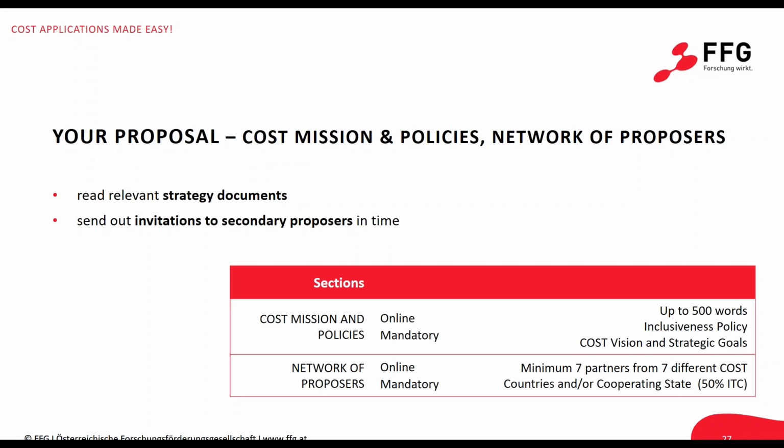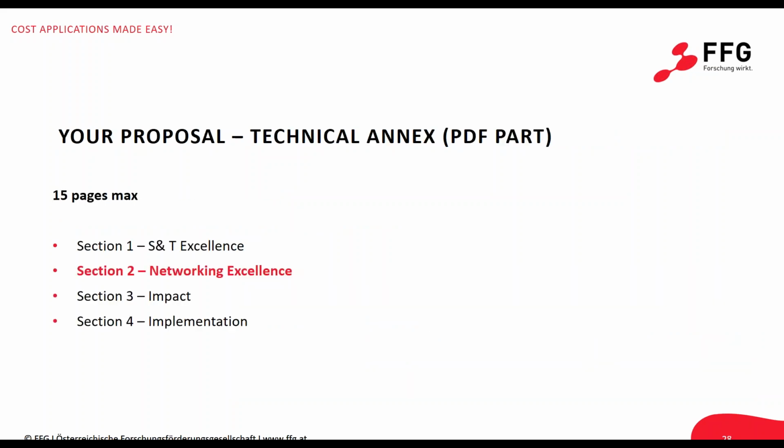It's just basically an expression of interest. And as I said before, when the proposal is then successfully evaluated and you will be funded, then these secondary proposers can still decide if they will participate in the COST action or not. So it's really a very open and easy expression of interest at that stage. Yeah, that's what I said already.